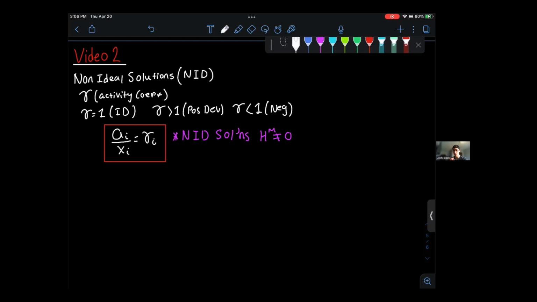Why? Well, let's go through the math first. Before we even get into the math, we know that as temperature increases, any kind of solution is going to tend towards ideality.